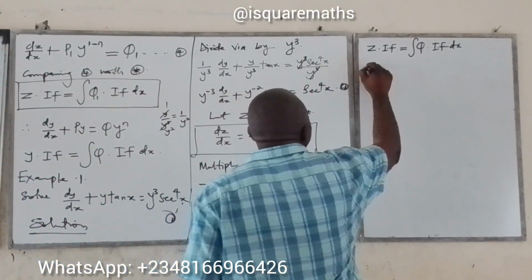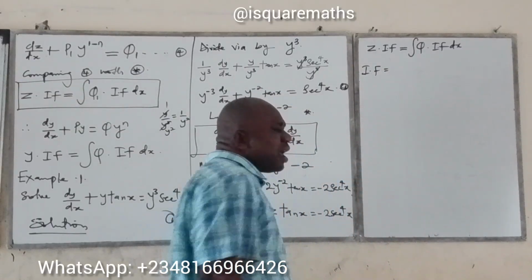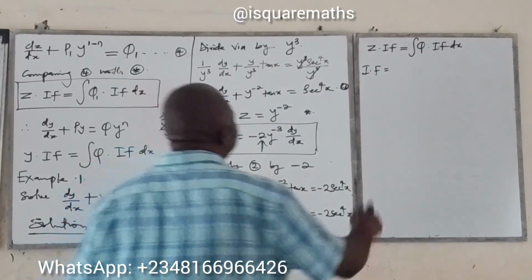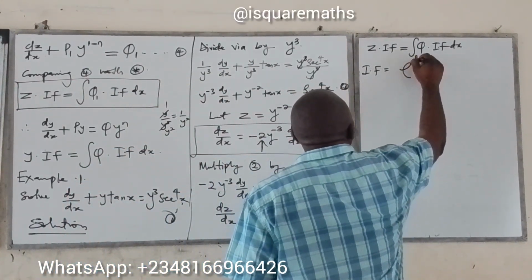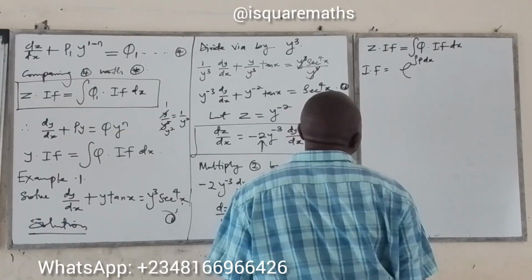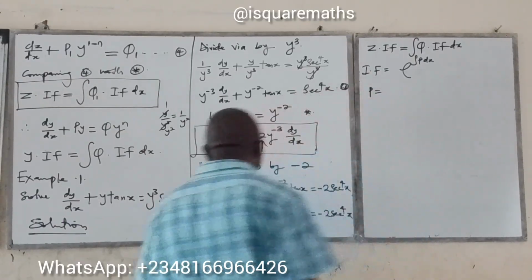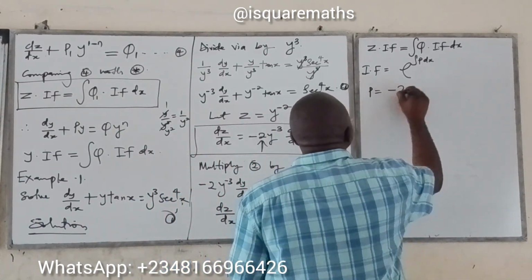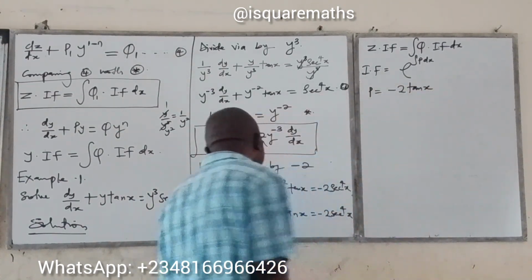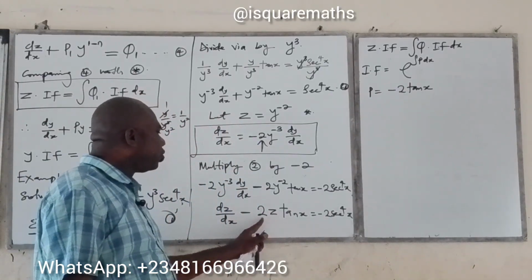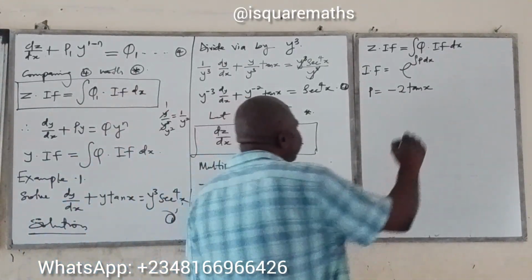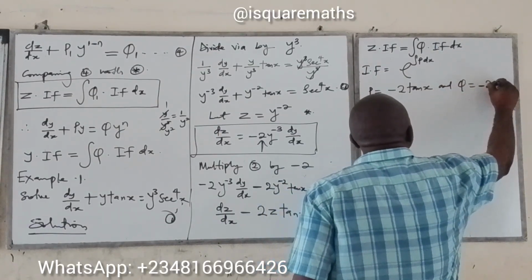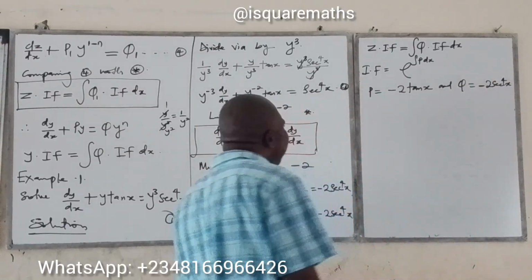In our class on linear differential equation, we mentioned that the integrating factor is e raised to the power of integral p dx. Now our p from this equation is minus 2 tan x, that's the coefficient of z. Then the value of q is minus 2 sec power 4x.